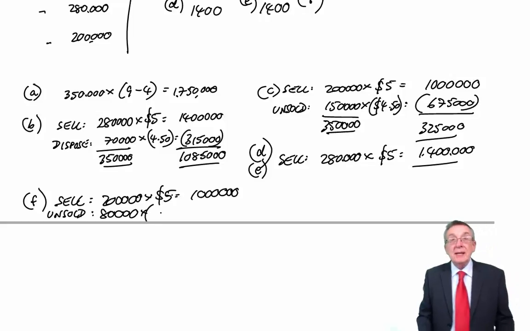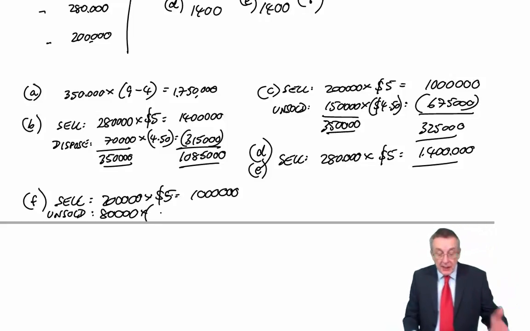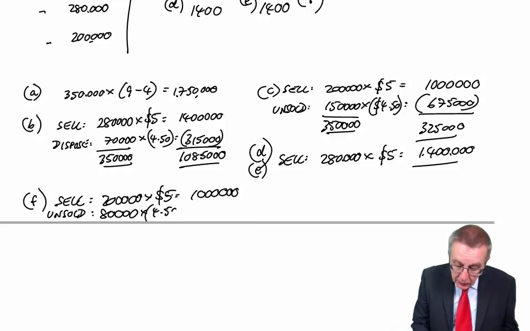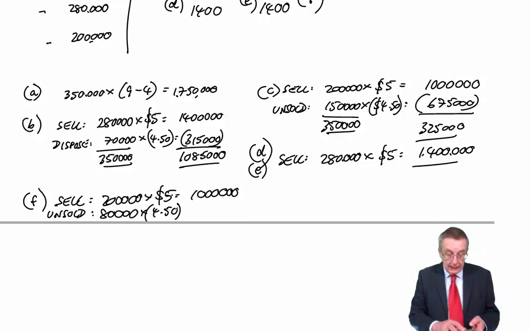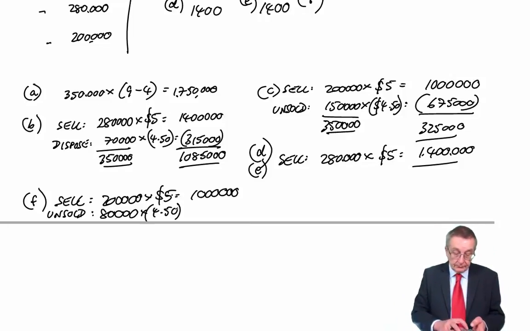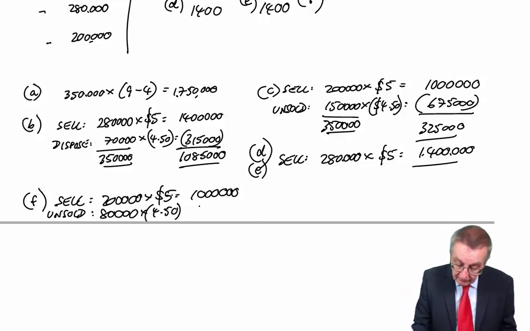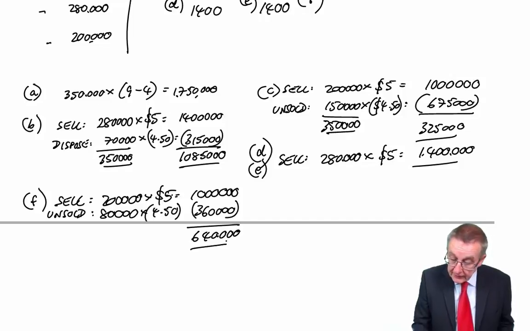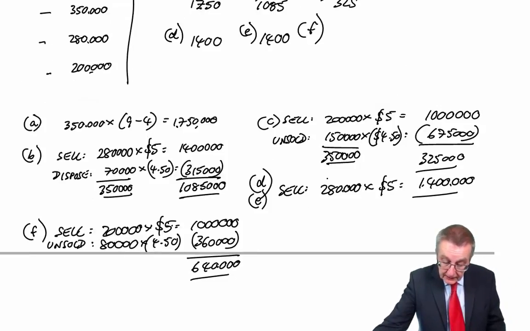And without me repeating the reasons, on every one we don't sell, we end up losing $4.50. We end up with a profit of 640,000.